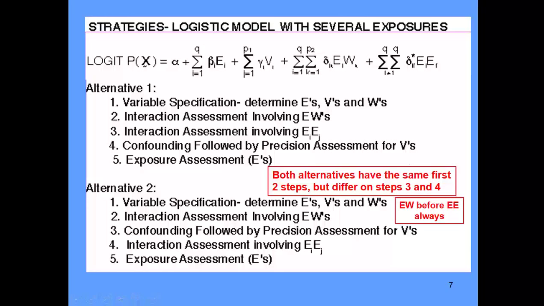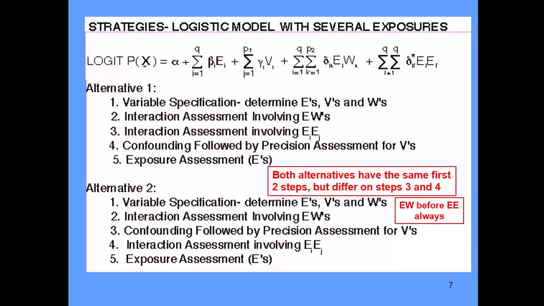It gives you an order. But the second one doesn't say that. It says consider interaction with the V's, but don't consider interaction with the E's until you consider confounding with the V's.